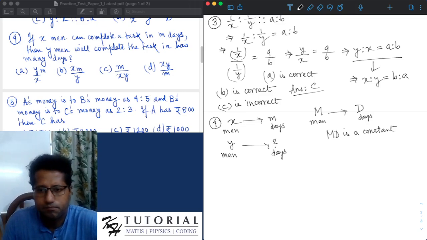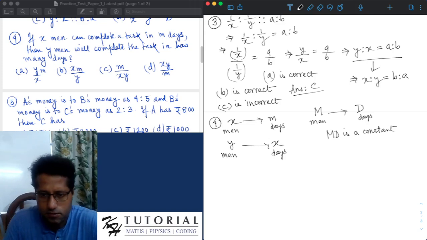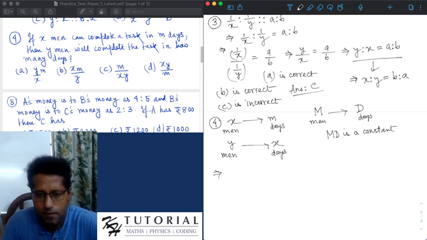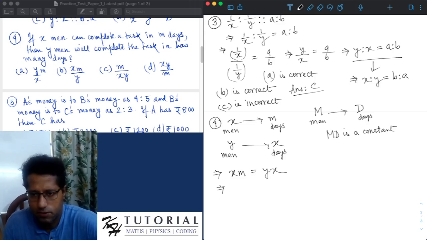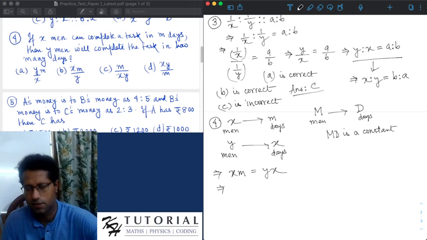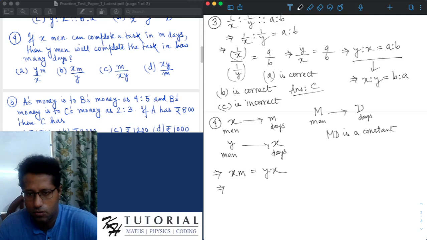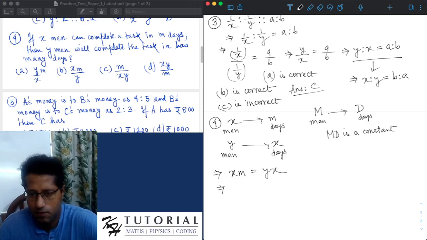So this means that if I consider in the problem that Y men will complete the task in some t days, then x into m should be equal to y into t, because the task is the same, a particular type of task, and x into m will be constant. It is given that X men complete that task in m days.